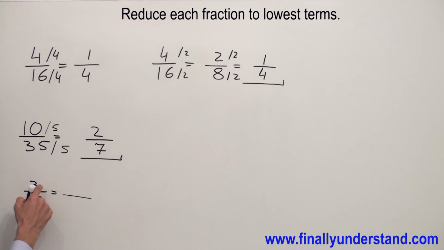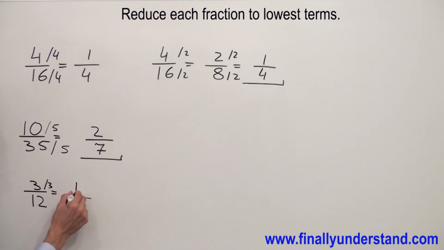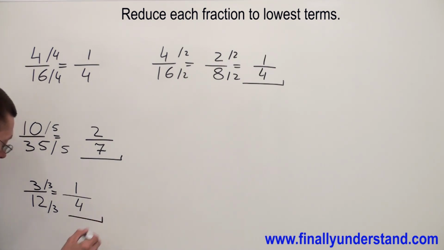Okay, so I can reduce 3 by 3, and 12 also can be reduced by 3. So 3 divided by 3 is 1, and 12 divided by 3 is 4. Okay, again, if you look at this answer, we cannot reduce anything, so that's why this is the final solution.